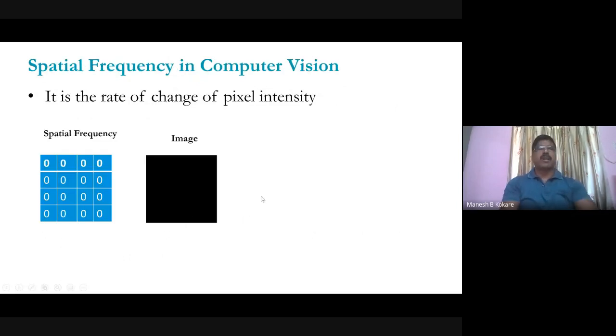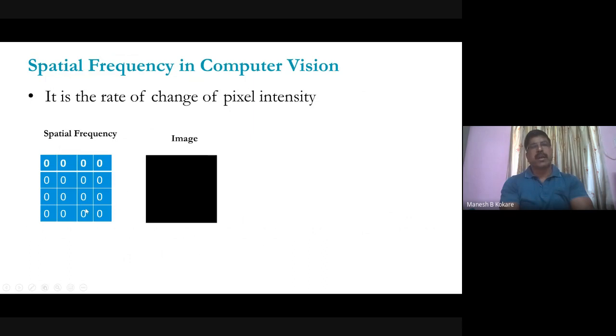But before that, let me clarify what is meant by spatial frequency in the image. Spatial frequency in the image is the rate of change of pixel intensity. For example, this image is a 4x4 image, meaning 4 rows and 4 columns, so the total number of pixels is 4 into 4 equal to 16.